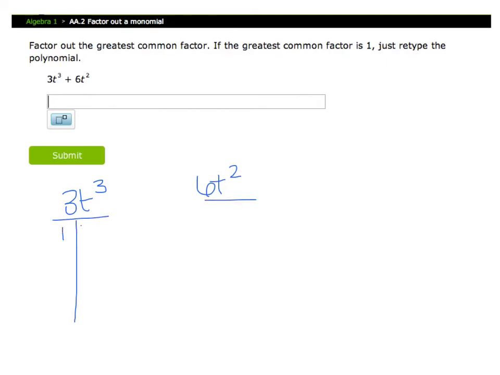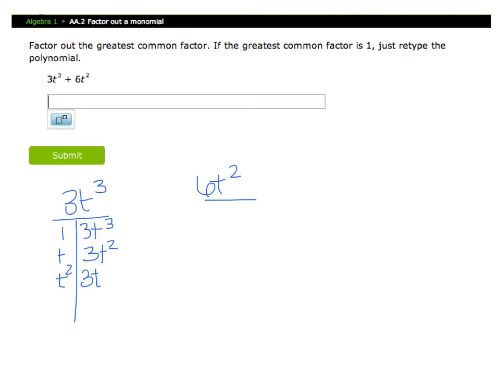And for 3t cubed, I have 1 and 3t cubed. Then I can have t and 3t squared, and then I could have t squared and 3t, and you're just breaking it down because each of these things, when you multiply them together, would equal 3t cubed. So each of these factors that you pull apart, when you multiply them together, you want to get back to 3t cubed.